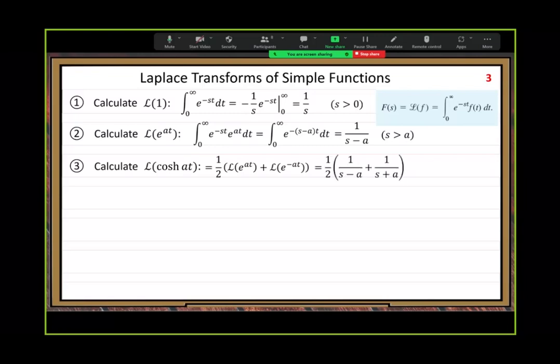Then we simplify it, and we get this expression for the hyperbolic cosine function. Another hyperbolic function is similar, just change the plus sign to a minus sign. Then we get that expression.